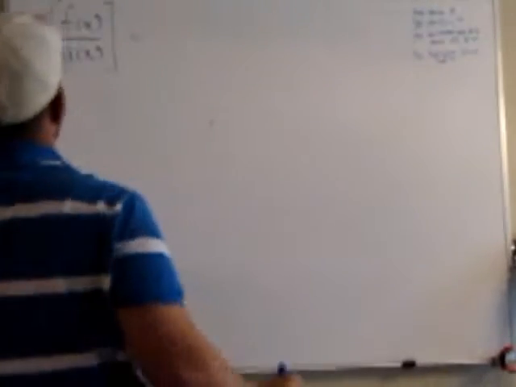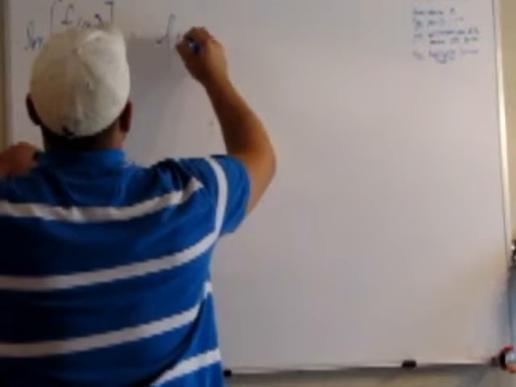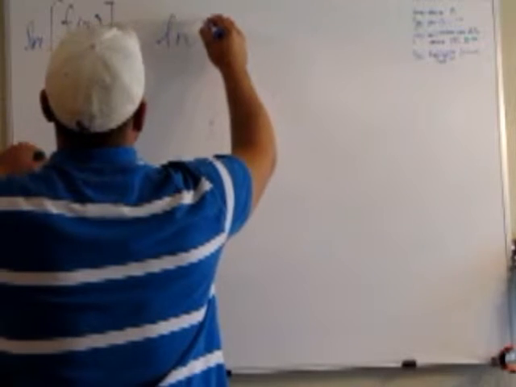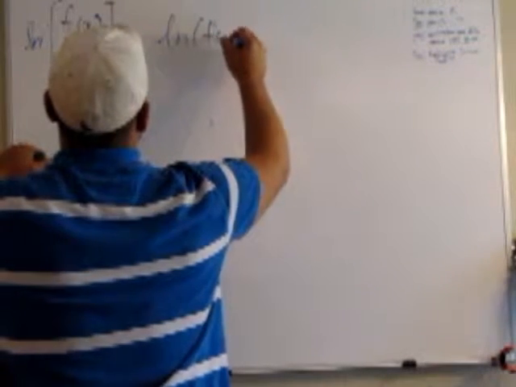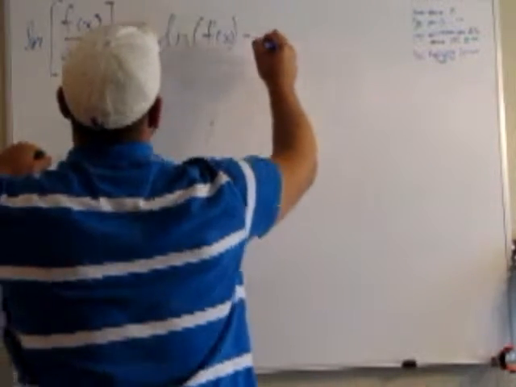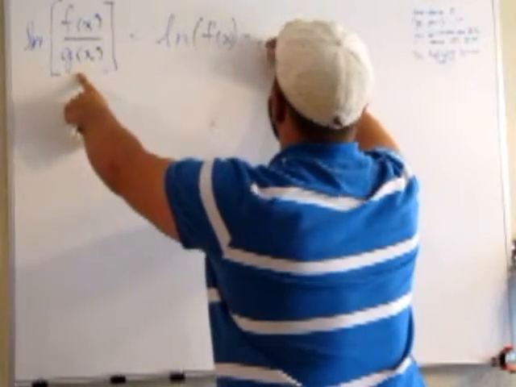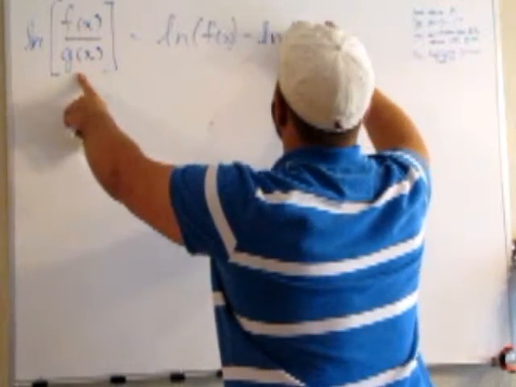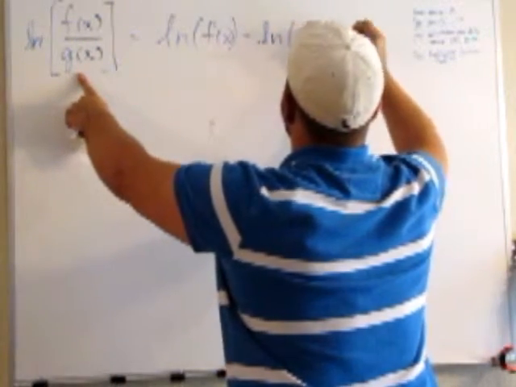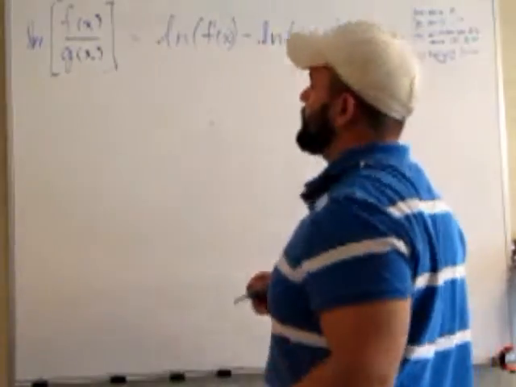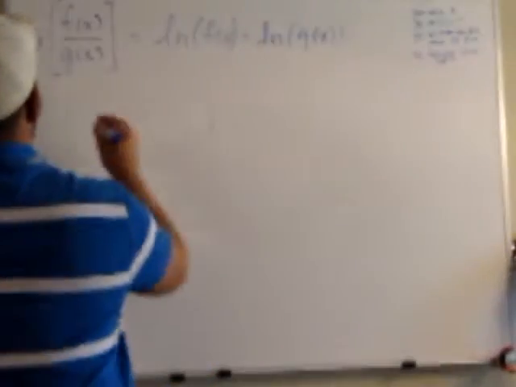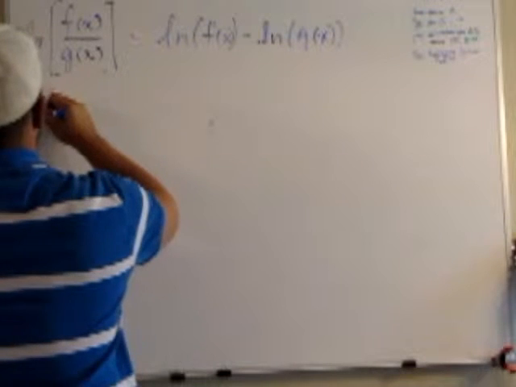You can rewrite this as ln of f of x minus the ln of g of x. And there's proofs online or whatever. You've probably already seen this, but I'm just throwing it up here because you have to have it to do a lot of these.